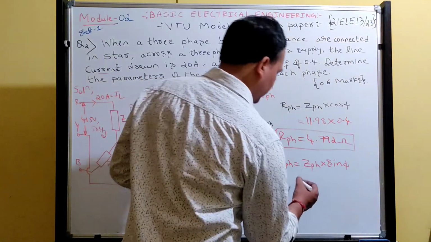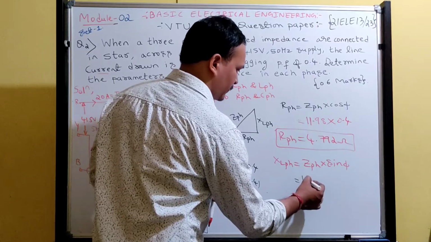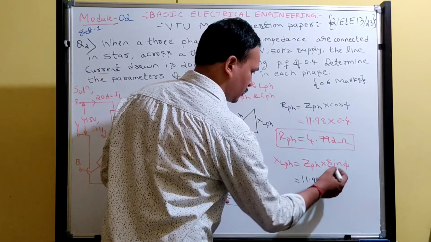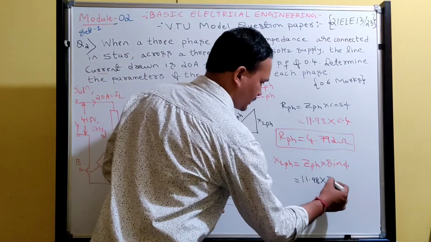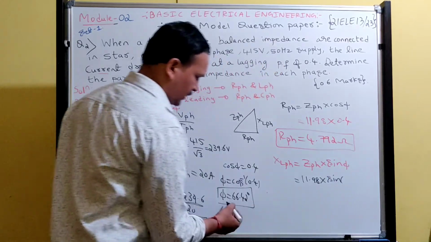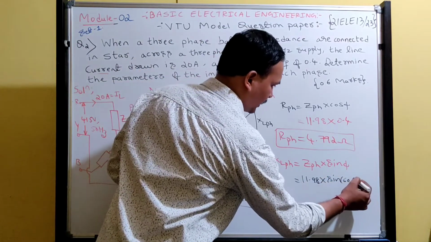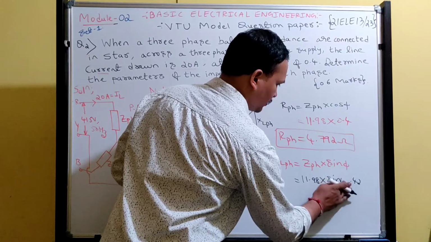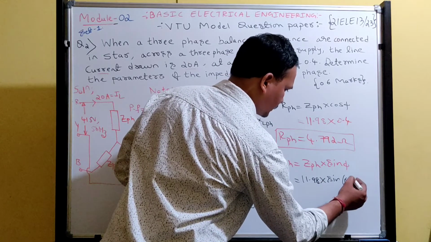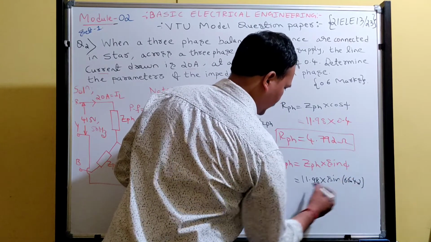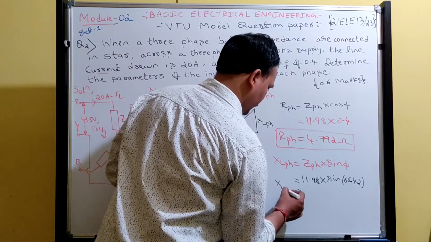Taking the sine of this φ, you will get the sin φ value directly, so I am writing it here directly. 11.98 into sine of what is the value of φ? 66.42 degrees. So please do it in the calculator.